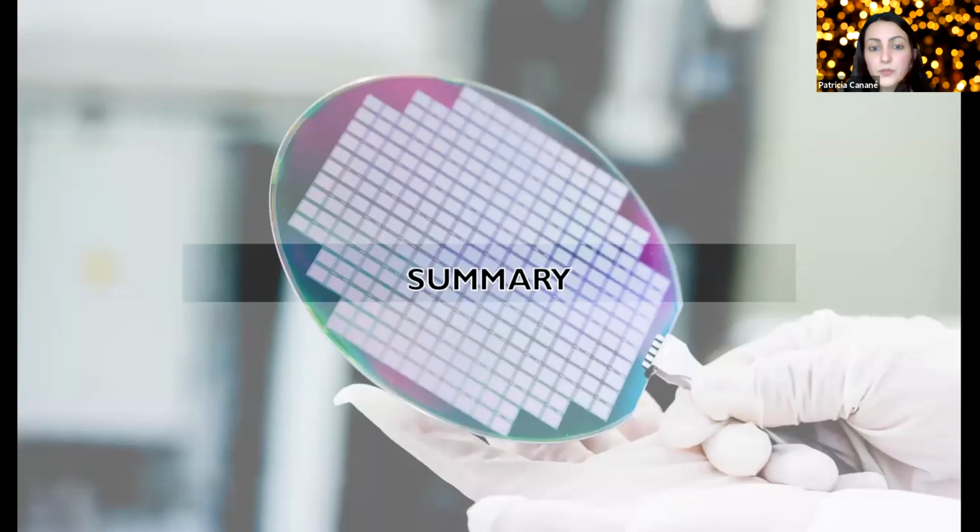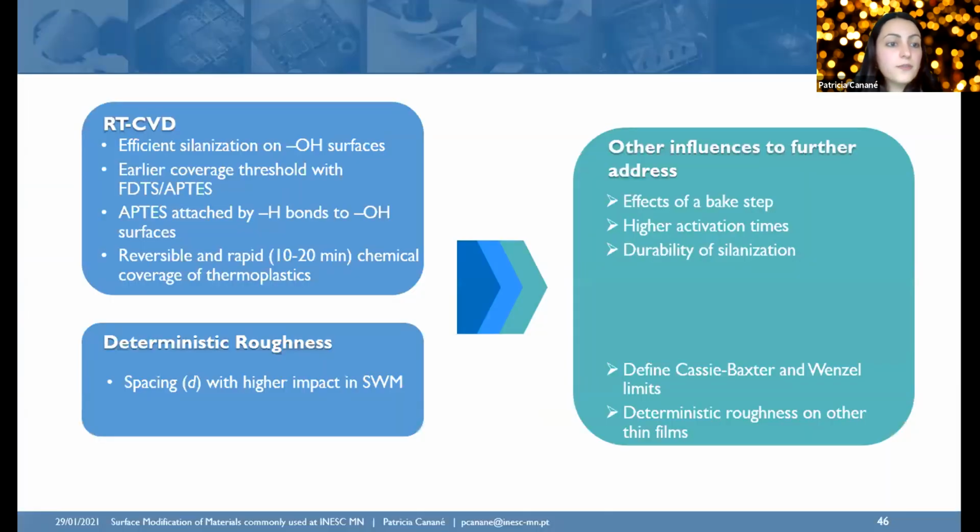Just following up with the summary, we saw that for RTCVD, silanization was very efficient. It is normally performed by CVD, which requires high temperatures, and we were able to do it at room temperature. Between the three silanes, we saw that FTTS and APTS were more efficient when considering the time of exposure.